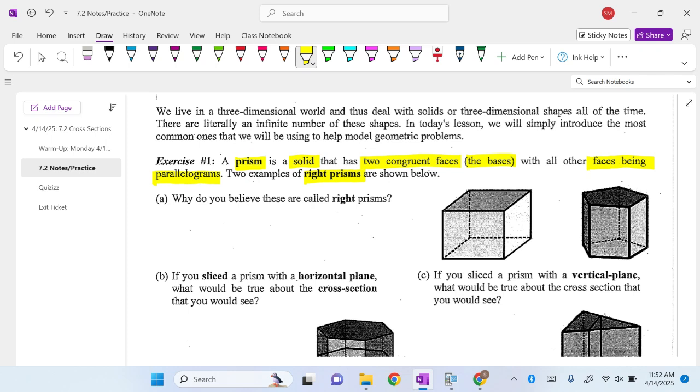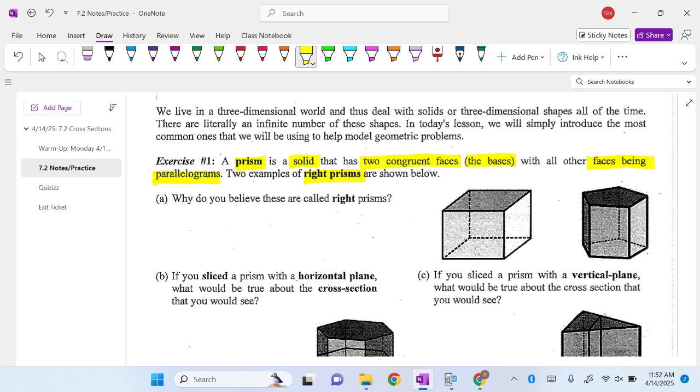Rectangles, right? All right. What's this prism made up of? So what's the base of this? A pentagon. So it's made up of rectangles and a pentagon. So specifically, the rectangles is where the 90-degree angles come from.